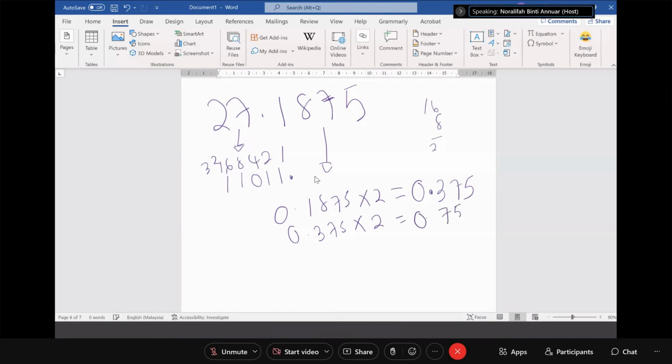You can check the answer if I make a mistake. Then there is still more. 0.75 multiply by 2, you will get 1.5. Still more, so 0.5. You take the value after the point times 2, you will get 1.01. So now you stop.